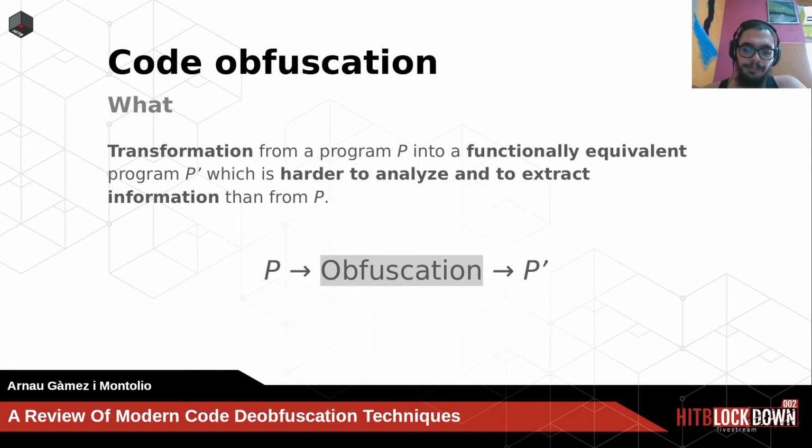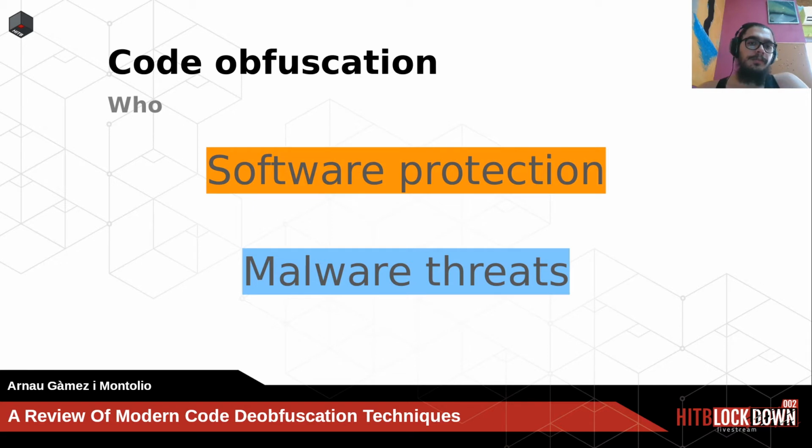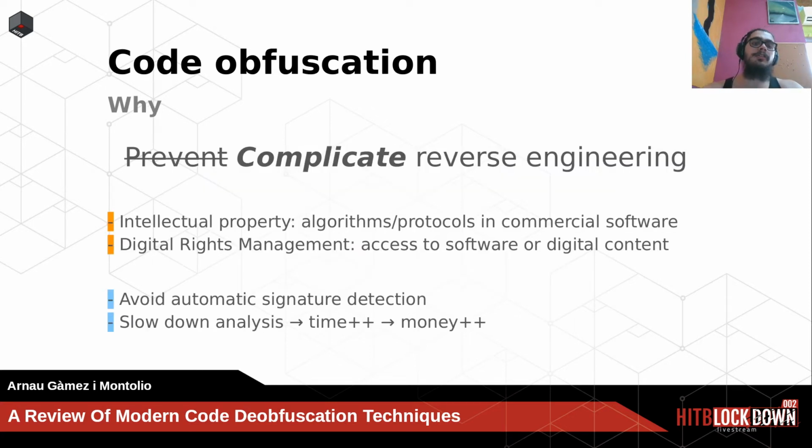Who uses code obfuscation? I differentiate basically two different actors. First of all, software protection, and then also malware threats. And why? The main reason is just to prevent, although in reality it's usually just complicating, the process of reverse engineering.